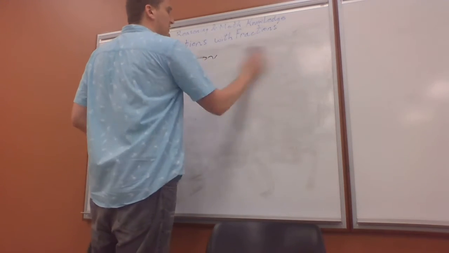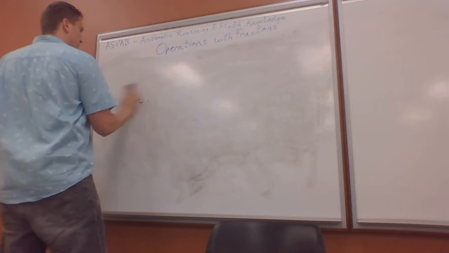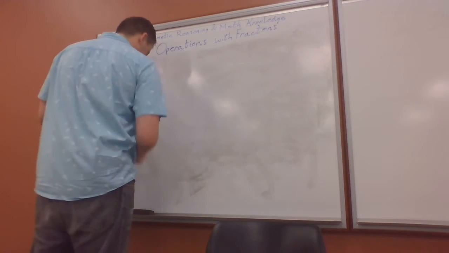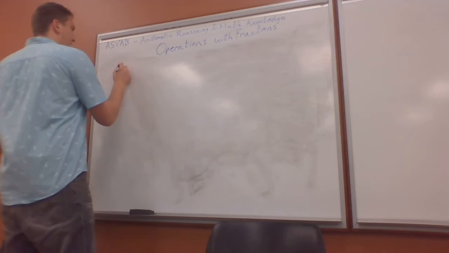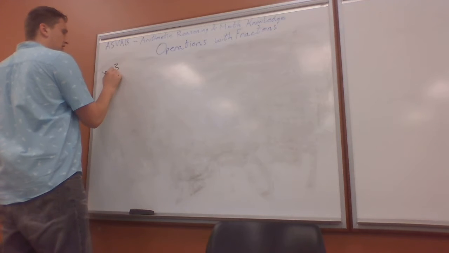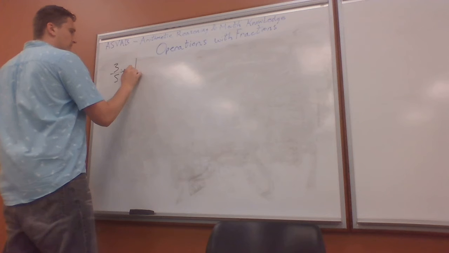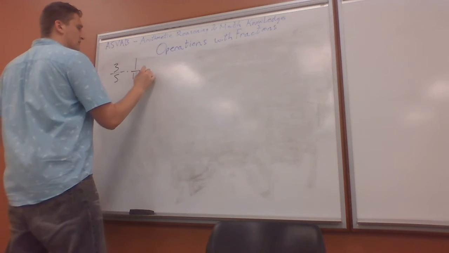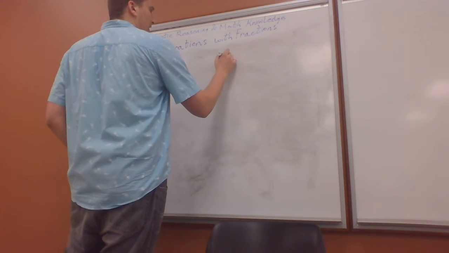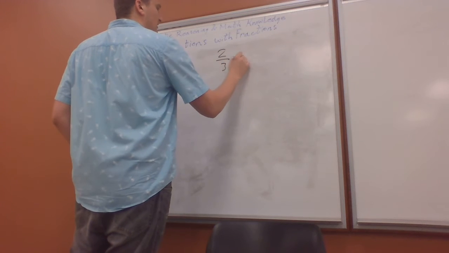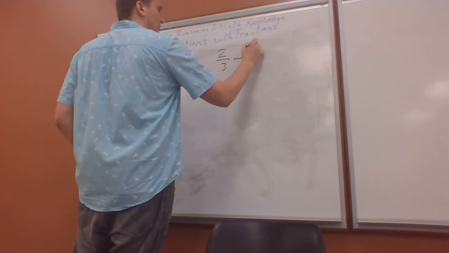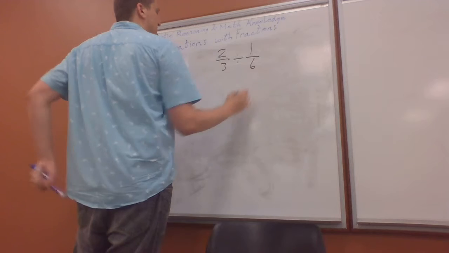All right, let's look at a quick example of division now. Let's do a few regular examples. I have 3/5 times 1/15, and 2/3 divided by 1/6.